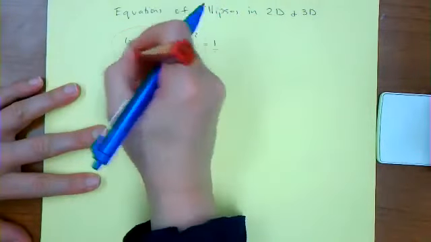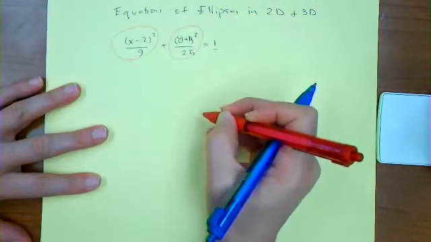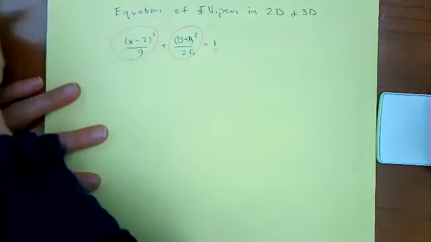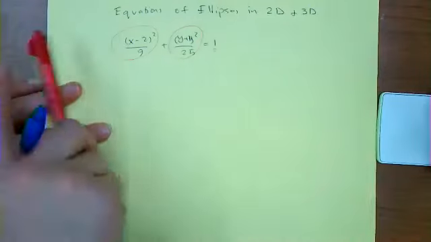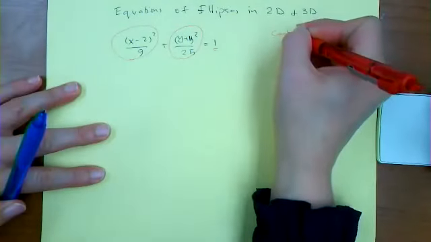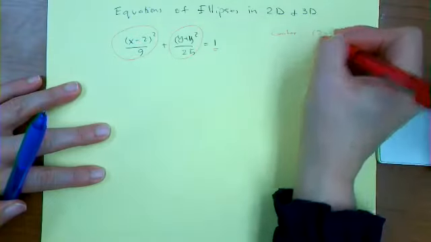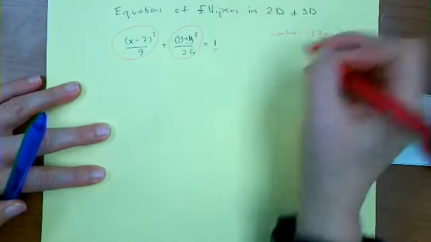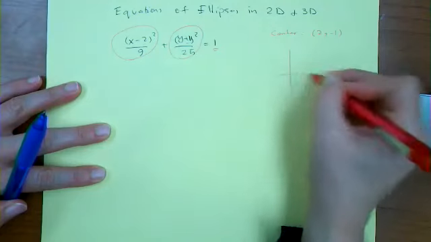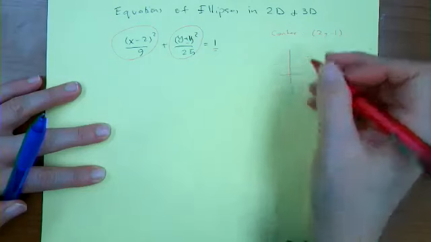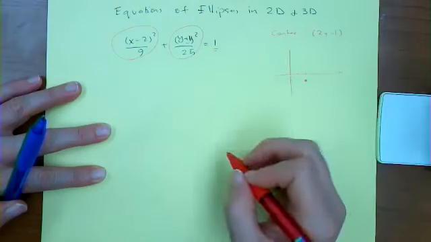What is the standard form? Standard form is a complete square plus another complete square equal to 1. If I want to graph this, this is an ellipse with center (2, -1). That's the center.